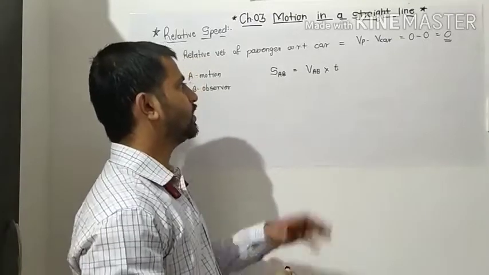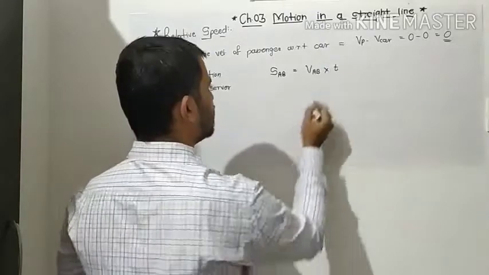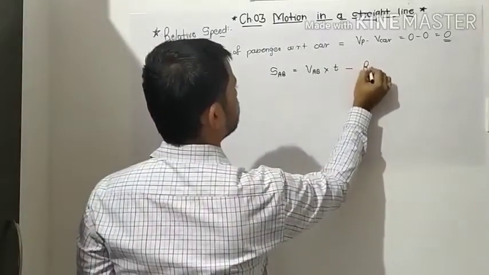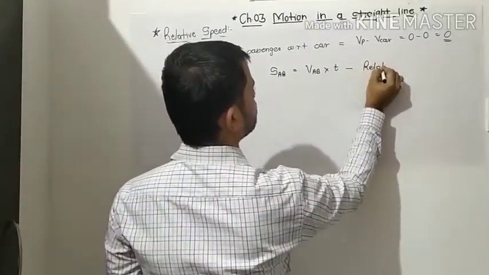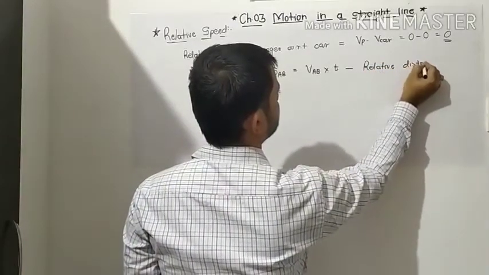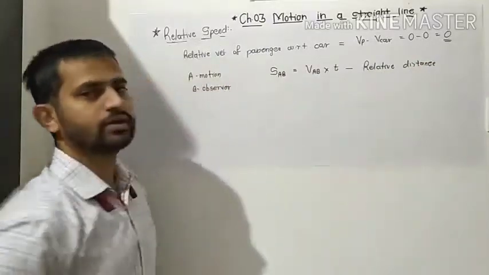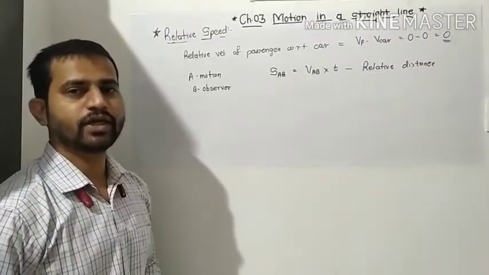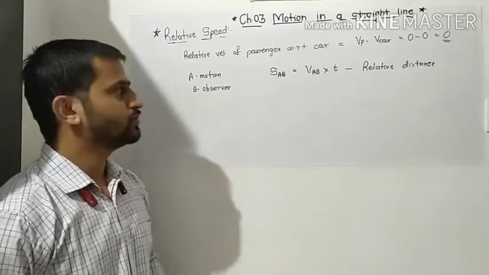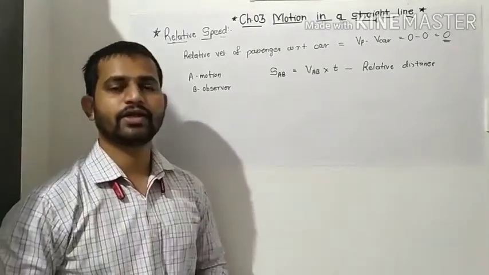So by this way we can calculate the relative distance. This formula is for the relative distance, and for that purpose we require the relative speed of A with respect to B into the time period. So by this way we can go for the relative speed and finding the relative distance.